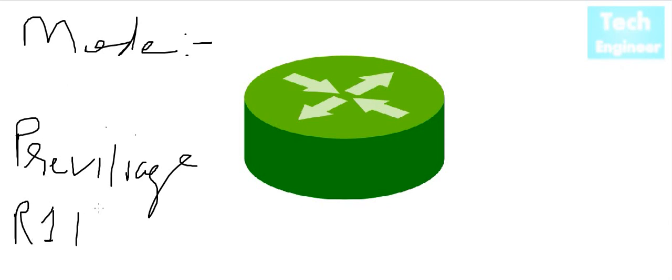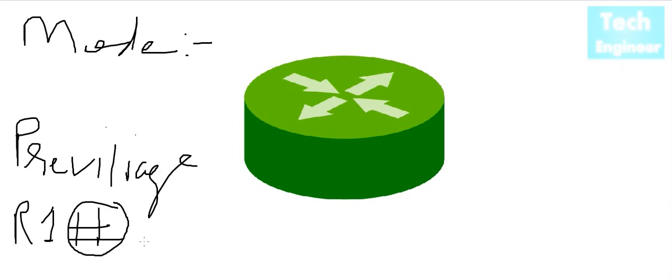The user mode is basically a landing page, and the hash mode is the real one. To define that we are currently at privilege mode, you have to see this hash. When you reach this hash mode, you're able to perform a couple of commands like show running configuration, or copy the running configuration to NVRAM, or show date and time.